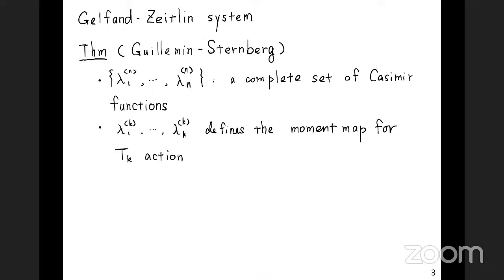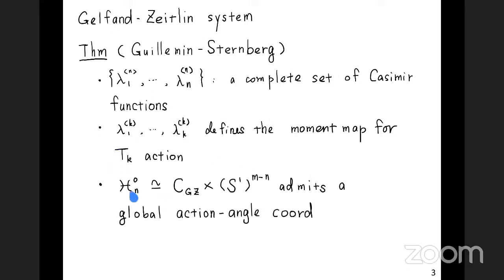For each k, this set of functions is the moment map for the Tk action. More than that, on this dense subset Hn0, it admits global action-angle coordinates. The Gelfand-Zeitlin cone is the image of the moment map for all the torus actions, and this is the torus we saw before.